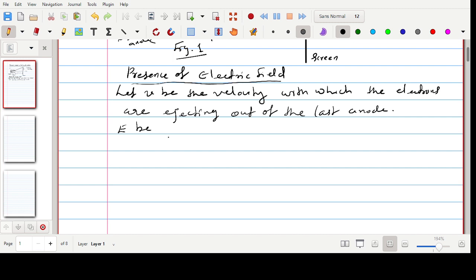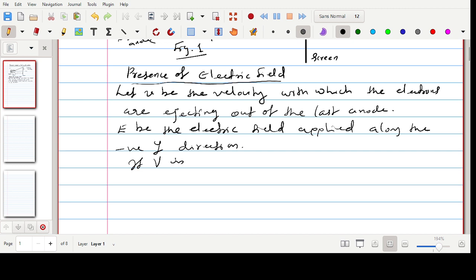E be the electric field applied along the negative y direction.